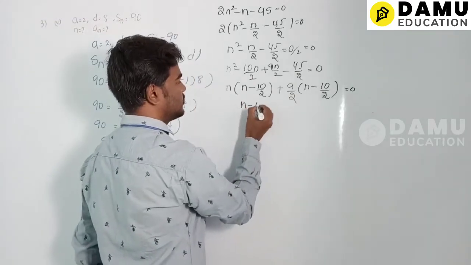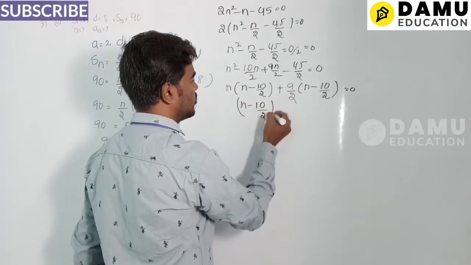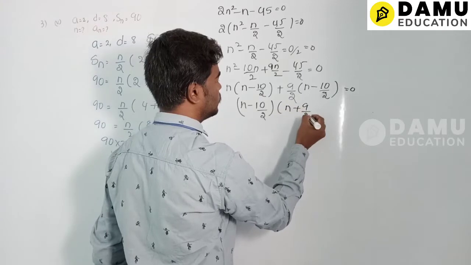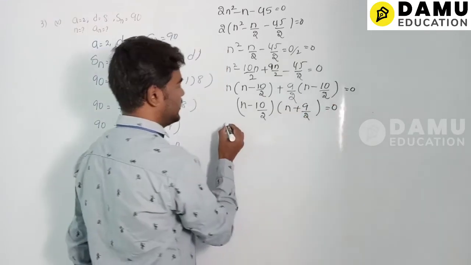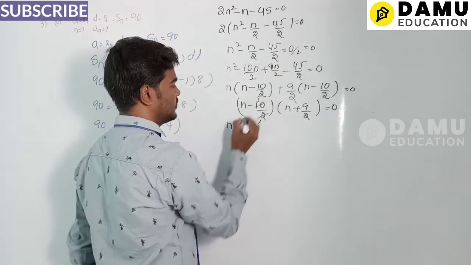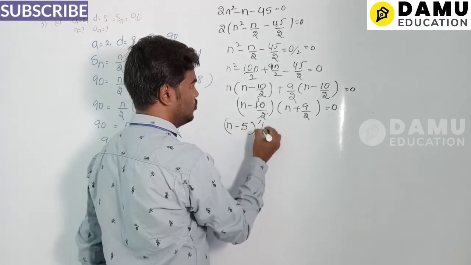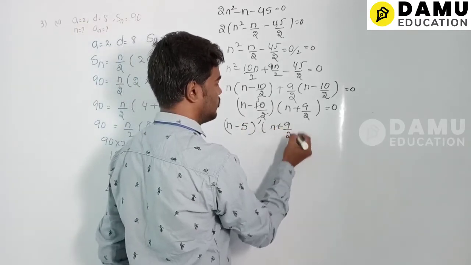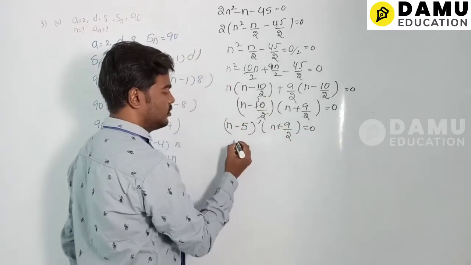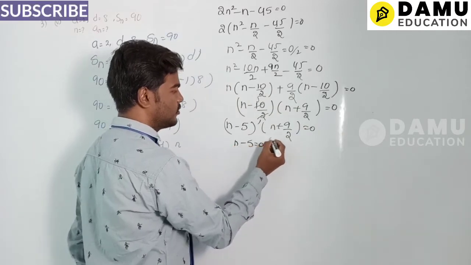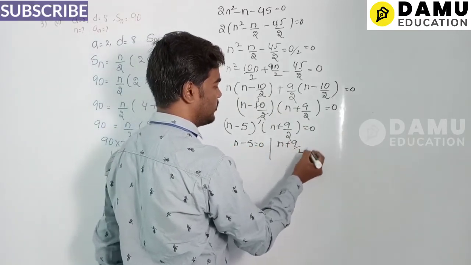So n minus 10 by 2 common, n plus 9 by 2. So n minus 5 into n plus 9 by 2. So what is the value? Either n minus 5 will be equal to 0 or n plus 9 by 2 will be equal to 0.